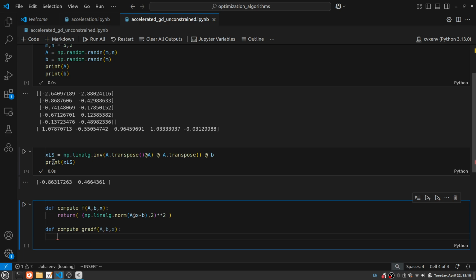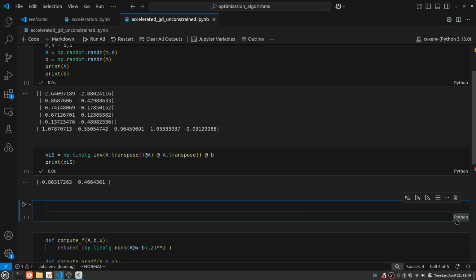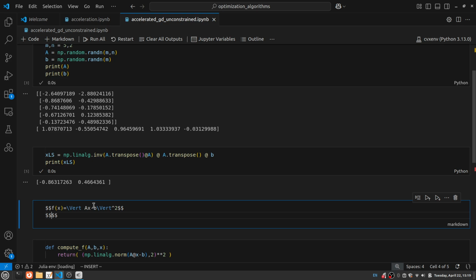What is the gradient going to be equal to? So f of x is the squared norm.